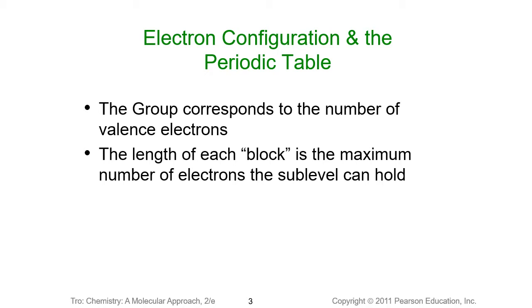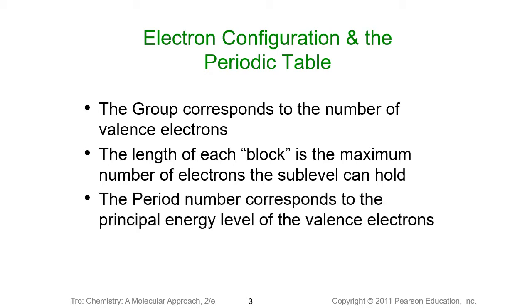So the first two columns on the periodic table are the s orbital, and we can put 2 electrons into the s orbital. The period, or the row number, corresponds to the principal energy level of those valence electrons. So whatever row it sits in, that is the energy level of those valence electrons.